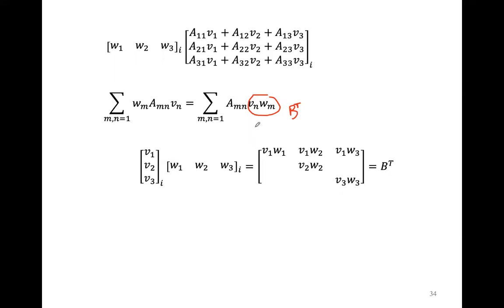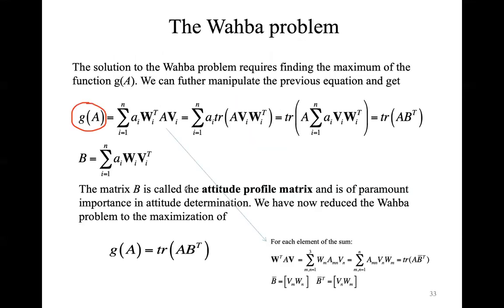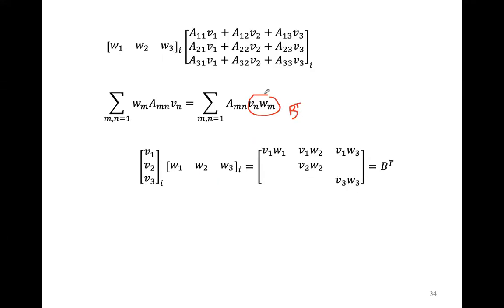So the sum here is basically the trace, because it's the multiplication, and you can compute by yourself that A times B transpose is the trace of A B transpose.